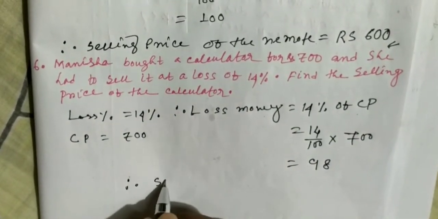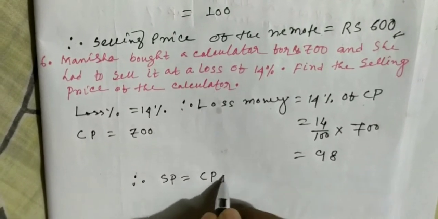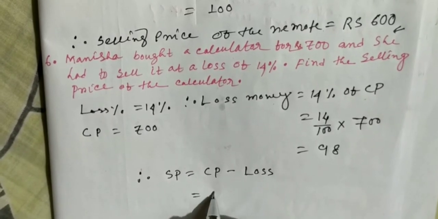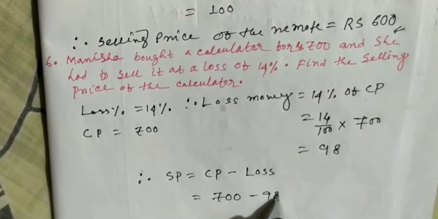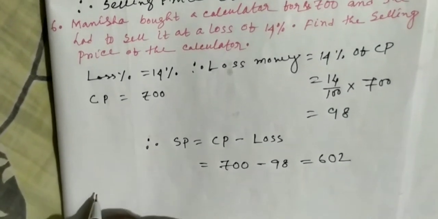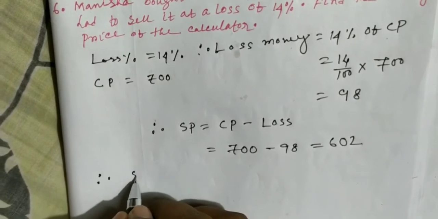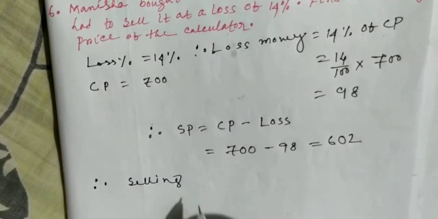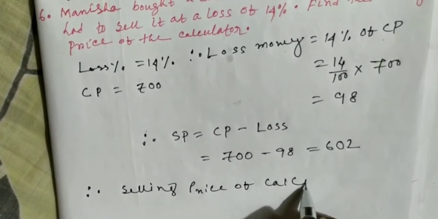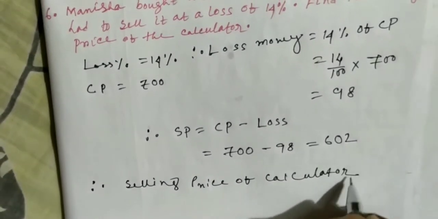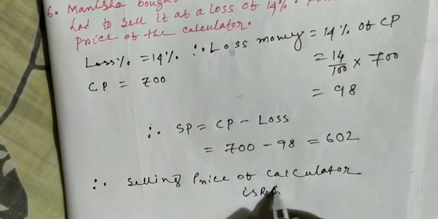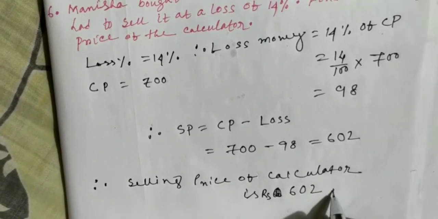Therefore, SP is equal to CP minus loss, so the selling price of the calculator is rupees 602. This is the answer.